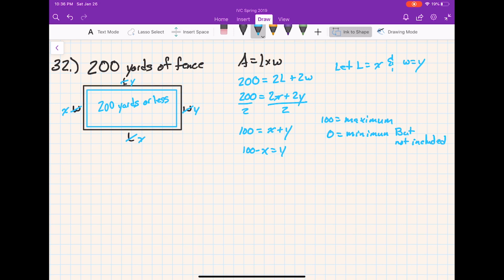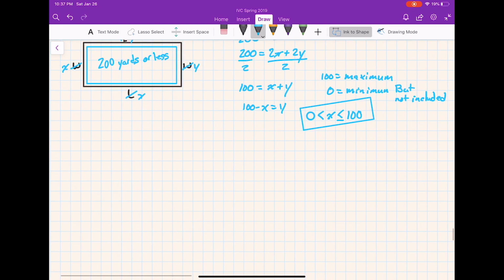So we can write this as 0 is less than our x, which is less than or equal to our 100, not our y, because we can go all the way up to that number. So I think it should be included there.